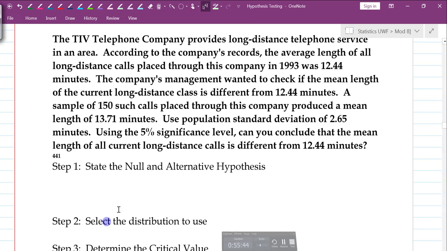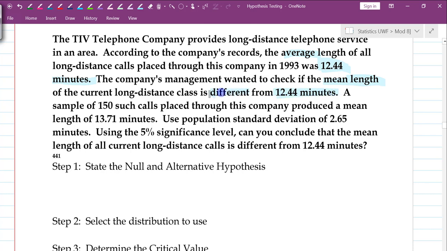The TIV telephone company provides long-distance telephone service in an area. According to the company's records, the average length of all long-distance calls placed through this company in 1993 was 12.44 minutes. The company's management wanted to check if the mean length of the current long-distance calls is different from 12.44 minutes.